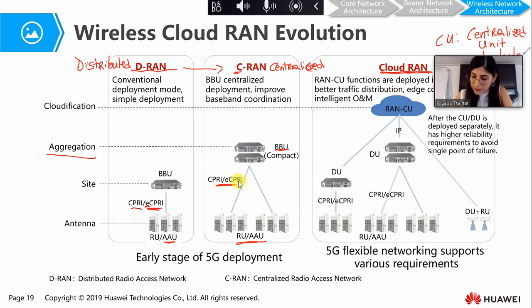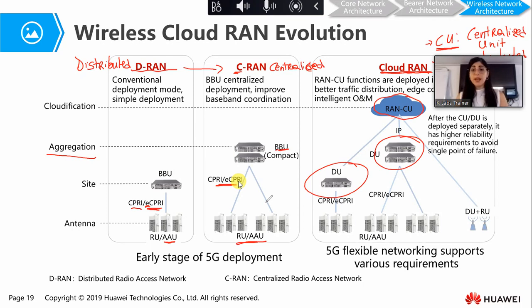So we split the function of our baseband unit into centralized unit and distributed unit. The centralized unit is cloudified, while the distributed unit is still physical and deployed either at the aggregation layer as a pool of BBUs or directly on the site.